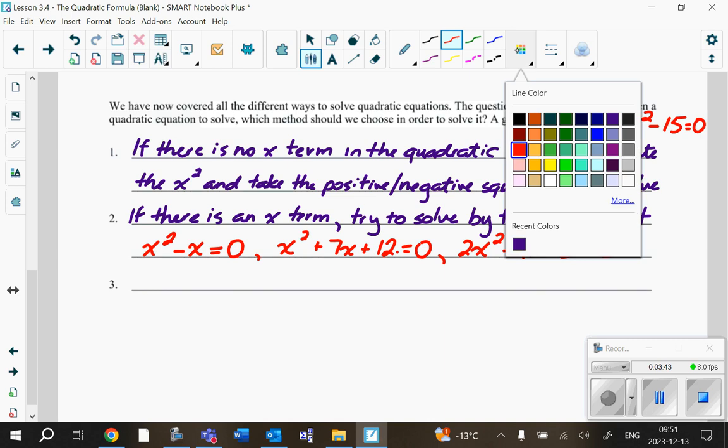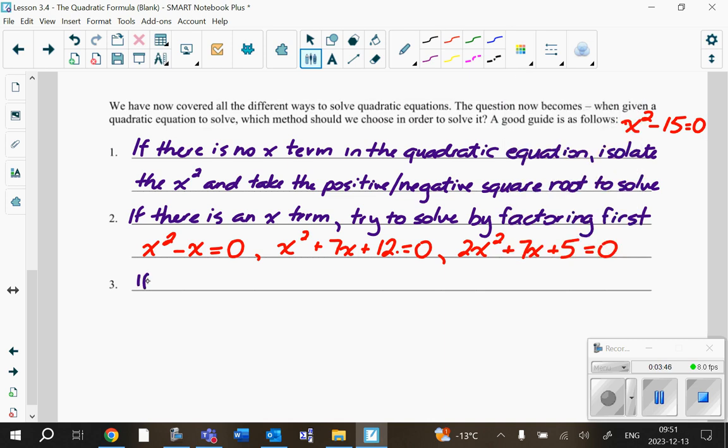Finally, if there is an x term and it can't be factored, use the quadratic formula.